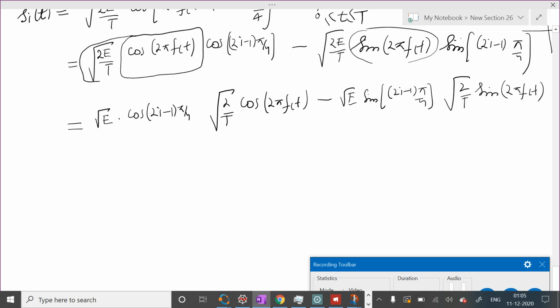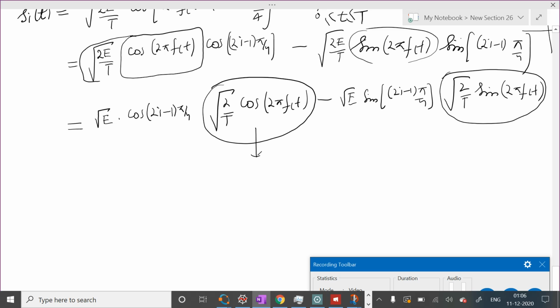So this is one carrier part, and here it is a sine, which is another carrier part. It is as if there are two carriers. So I represent this by phi 1 of t and this by phi 2 of t.